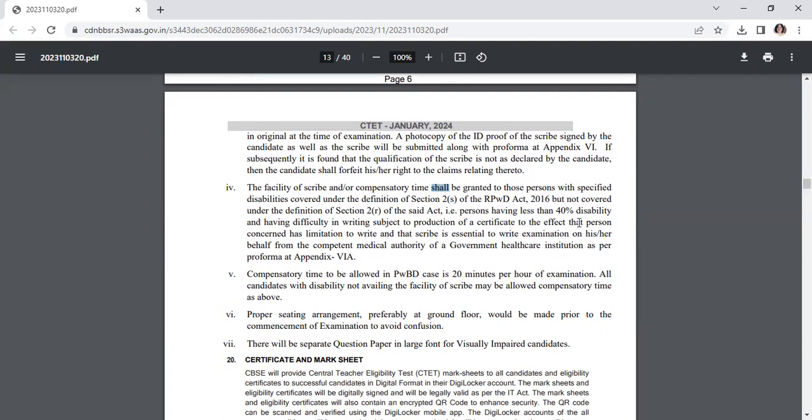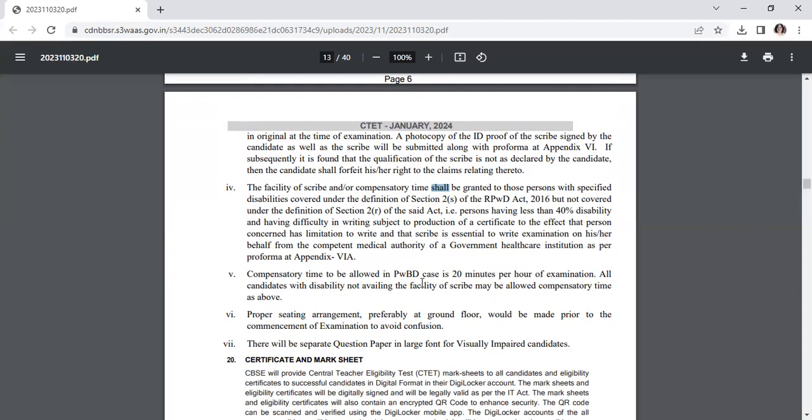This applies to persons having less than 40% disability and having difficulty in writing, subject to production of a certificate to the effect that the person concerned has a limitation to write, and the scribe is essential to write the examination on his or her behalf, from the competent medical authority of a government healthcare institution as per the proforma.